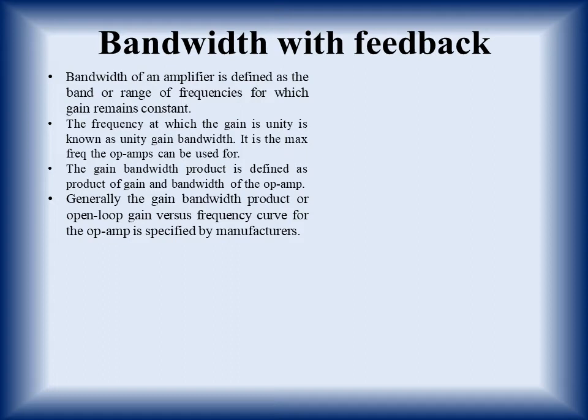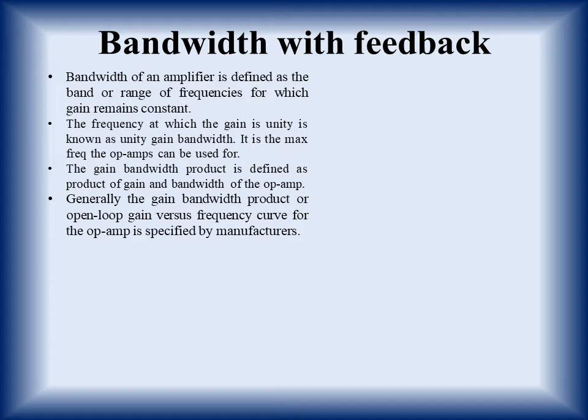Either we are given the gain bandwidth product in the data sheet tables, or the open loop gain versus frequency curve is provided by the manufacturers to show the behavior of the operational amplifier.